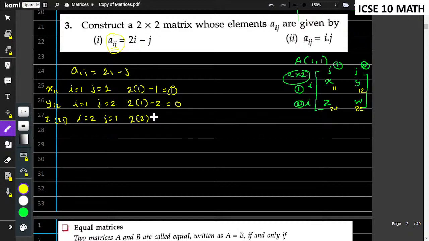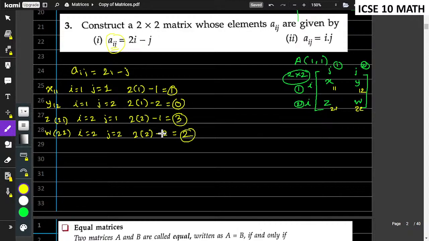So 2 multiplied by 2 minus 1. 2 times 2 is 4, minus 1 is 3. And last, W is 2 2. I is equal to 2, J is equal to 2. So 2 multiplied by 2 minus 2. 4 minus 2 is 2.